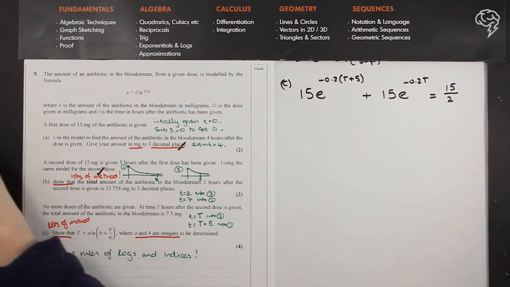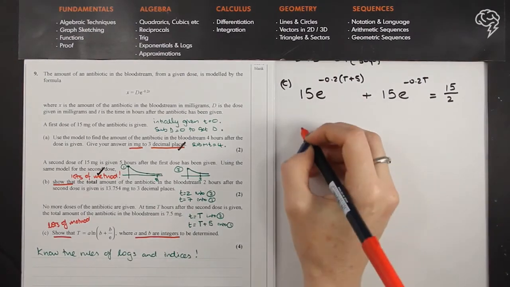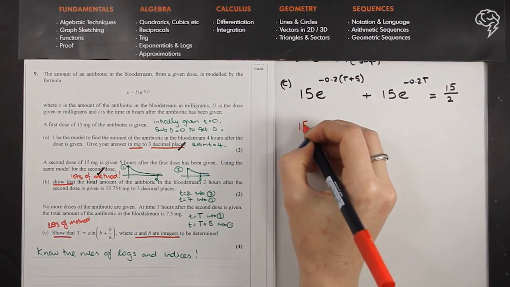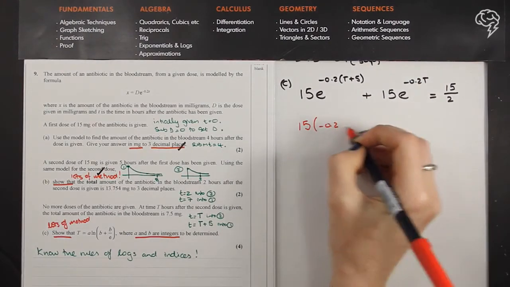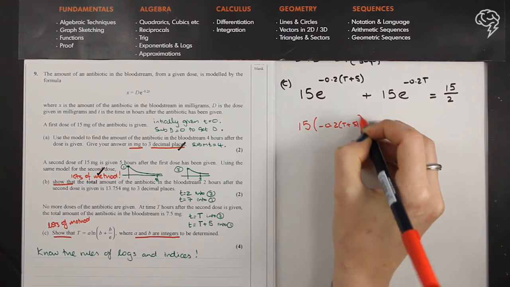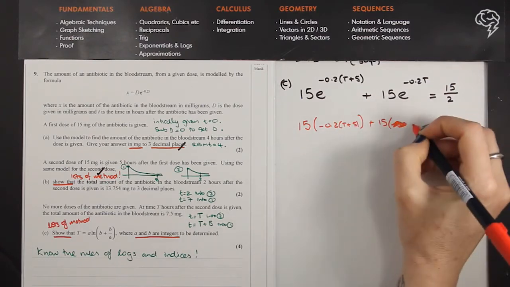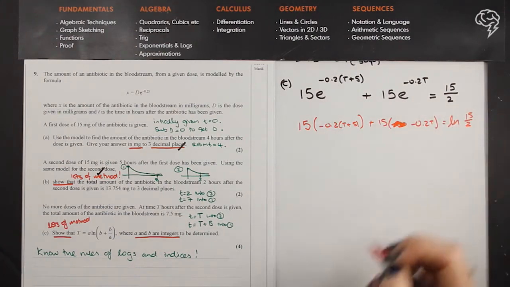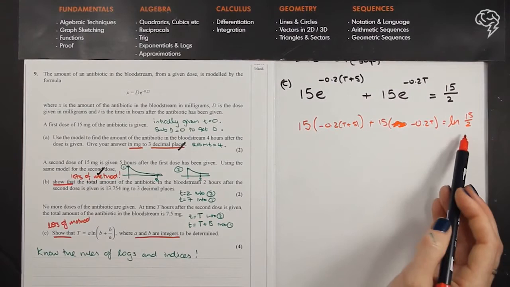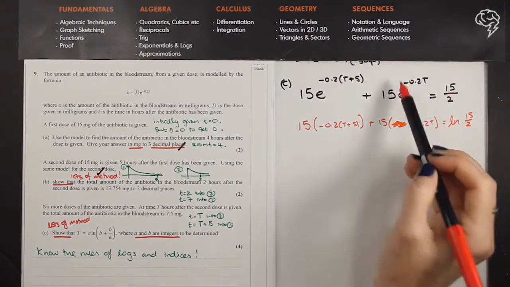We've got all sorts of things written down at this stage, but the most common was something that looked like, oh, it was carnage. Minus 0.2 t plus 5 plus 15, I can't even write it, it's so wrong. Minus 0.2 t equals ln 15 over 2. So you have to look at that and think, what on earth is this student doing? And then you realise that what they've done is ln.